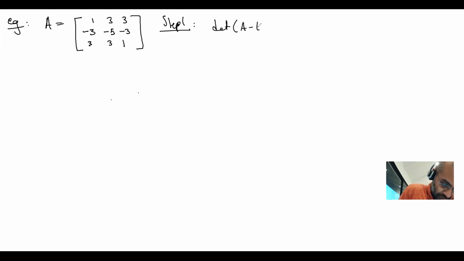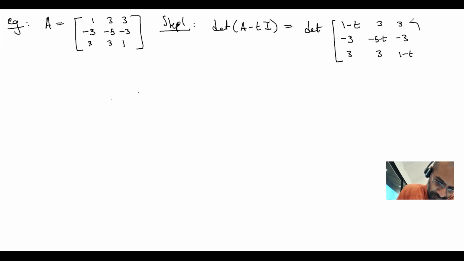So let's find it. This is a determinant of a 3 by 3 matrix, right? Now the matrix is A minus T identity. So on the diagonals, I pick up a T: 1 minus T, 3, 3, minus 3, minus 5 minus T, minus 3, 3, 3, 1 minus T.